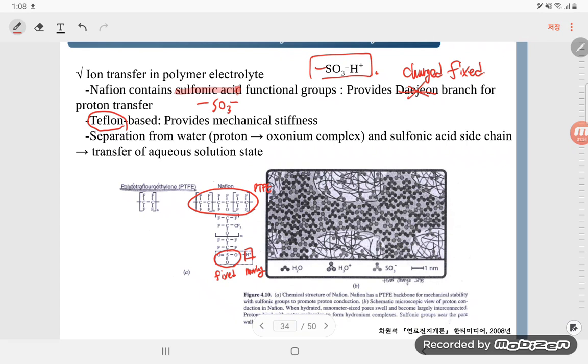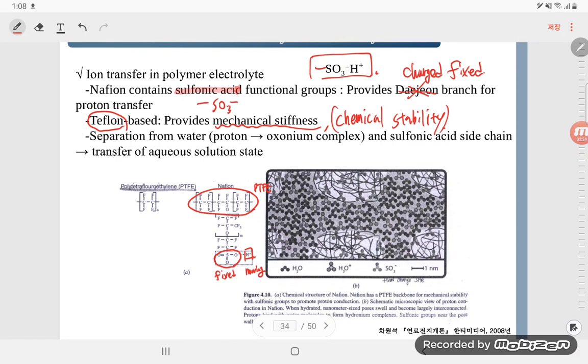And they act as a repulsion. It makes it easy for the water to be removed from the surface. And also they provide mechanical stiffness, and also the most important thing is the chemical stability, very important. Chemical stability too.